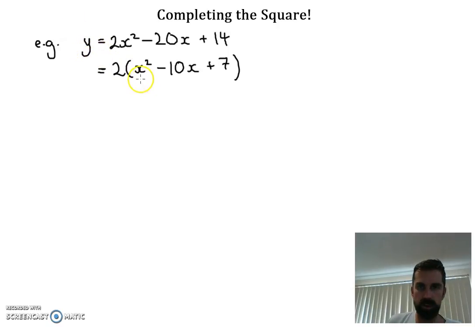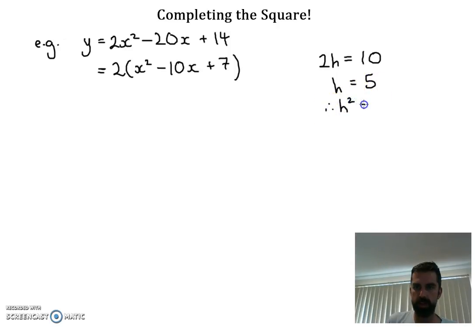Okay, now let's just worry about the quadratic that's in the brackets and do our completing the square on that. So in this case, and I might just write it over here, 2h, remember that's the coefficient of x, is equal to 10. So h is equal to 5, and therefore h squared is equal to 25.